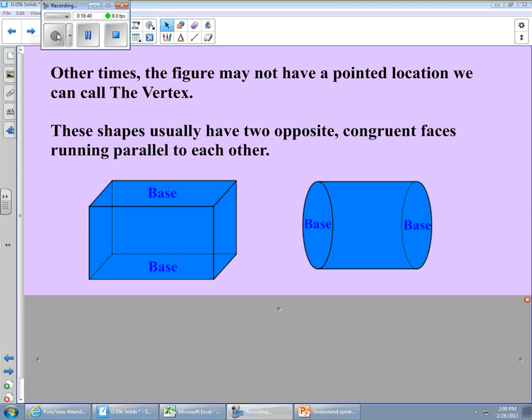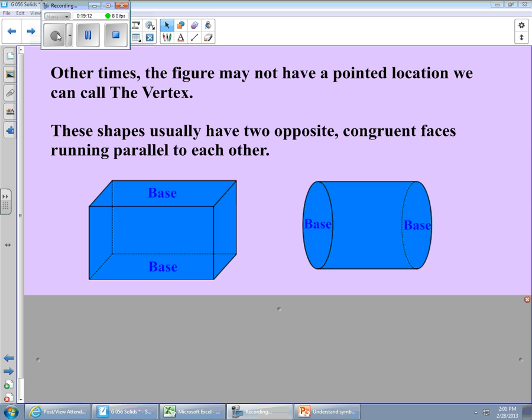Looking at these particular 2 figures here, these fit the definition. We can find a location inside of these figures that have 2 opposite congruent faces running parallel to each other. Like on this rectangular prism over here, the rectangle on the top and the bottom, they are opposite, they are congruent, they are parallel. We can call those bases. And actually, you could call the left side and the right side instead of top and bottom.